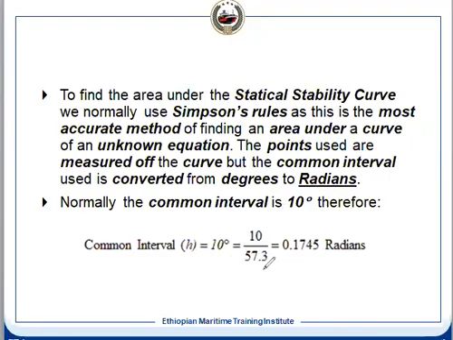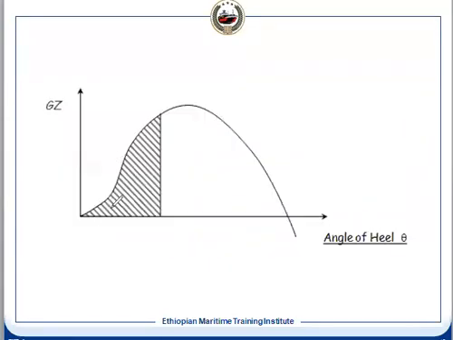We know that 1 radian is 57.3 degrees. So by the unitary method, we can calculate that 10 degrees is 0.1745 radians. Clear this, how we calculate. Then we apply it, because we know the GZ values and the interval, and we can calculate the work done.